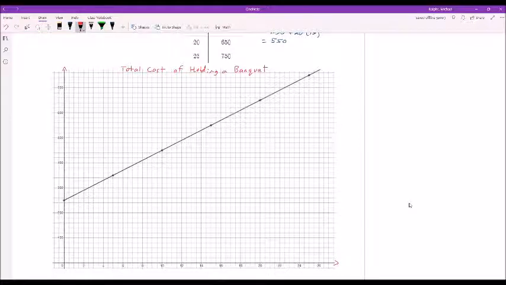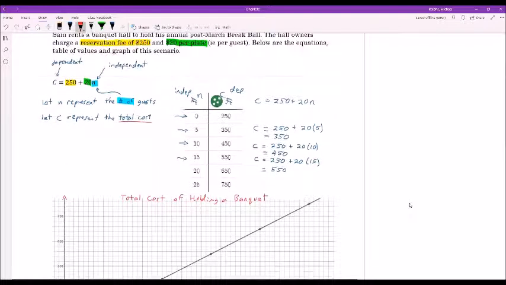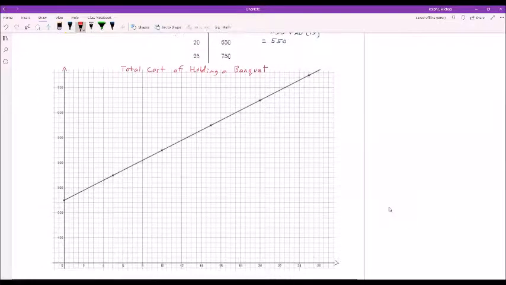So total cost, well, we know total cost is dependent. So the dependent variable is the C. We know that the dependent variable is in the right-hand column of the table of values, and we also know that it is the vertical axis on a graph.